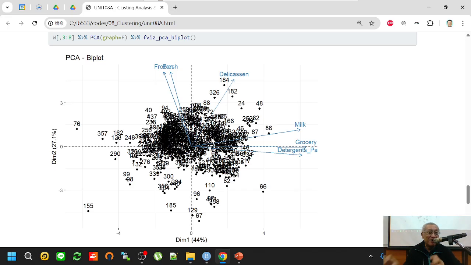Now, this PCA technology will automatically search for a place, so that when you compress the space, the information loss will be minimum.